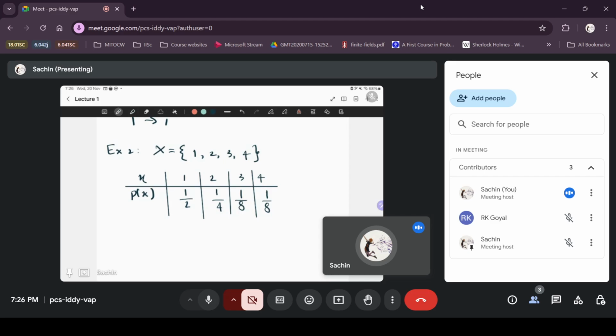The entropy will give you the average number of bits you will need to represent. If you represent a long sequence of these numbers, on average, what's the best you can do? Something like that.